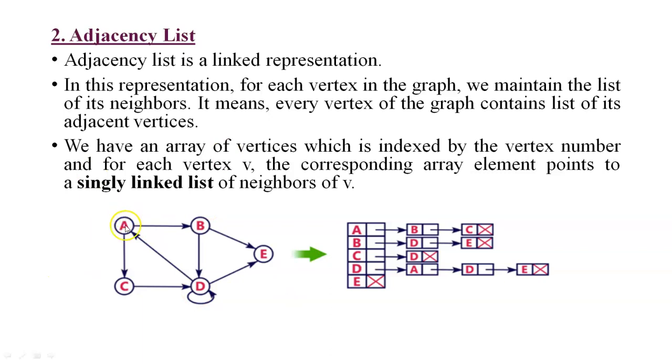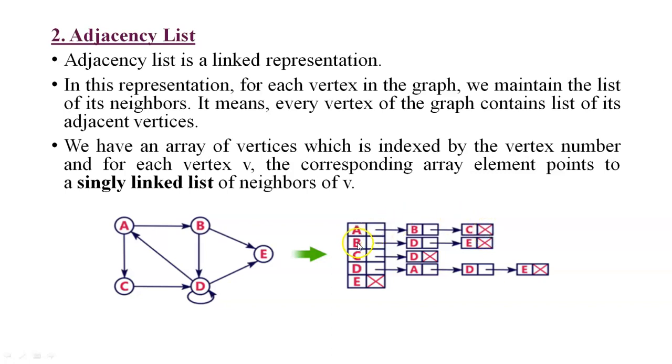You can travel from A to B and A to C, and you cannot travel to any other nodes except B and C. So A is connected to B, so you form a node there, connecting A and B, and then the next vertex you can travel to is C. So from B, draw another connection and draw the node for C. So only B and C can be traveled to from A. C is the last node, so the next of C will be null. That's why they crossed the next part there.